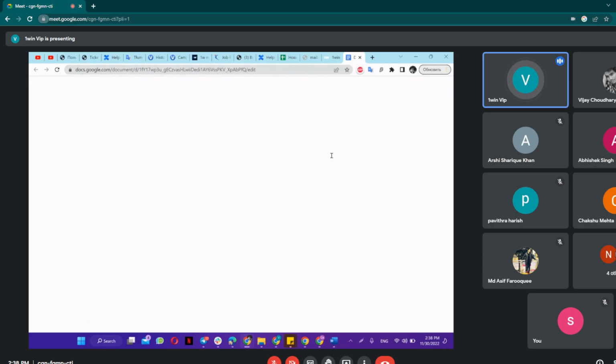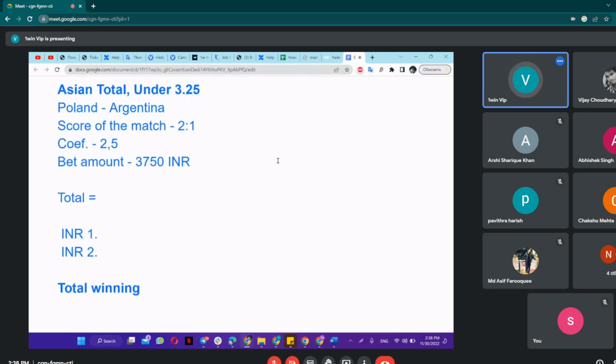I don't need all of the calculations. You can make calculations wherever you want, on paper, in your notebook, on your phone, or in your mind. I just need the final amount. 3,000 INR the client will receive from this bet. 0 INR the client will receive from this bet. Okay? Giving you an example, and you will have 5 minutes.